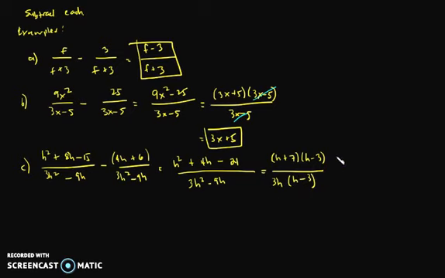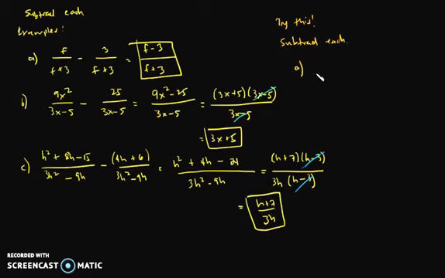As you can see, we can now cancel h minus 3. So the final answer would be h plus 7 over 3h. That's it. We proceed now with your part. Try this. Subtract.